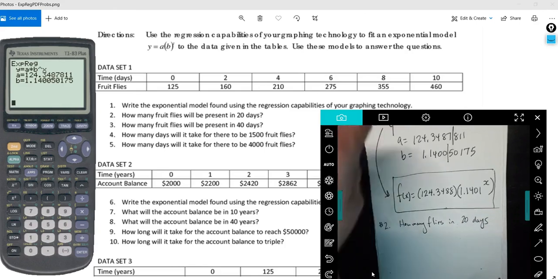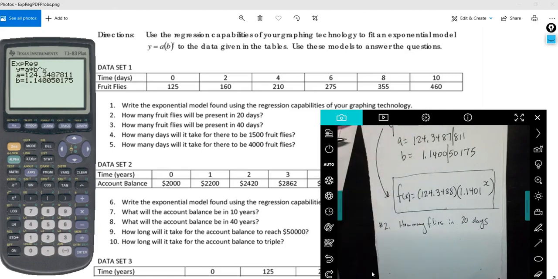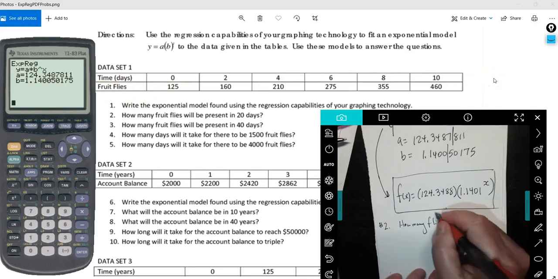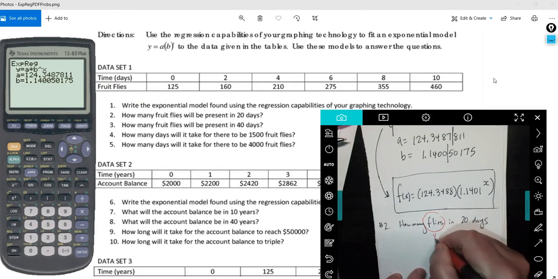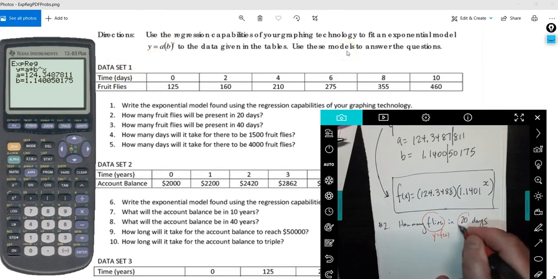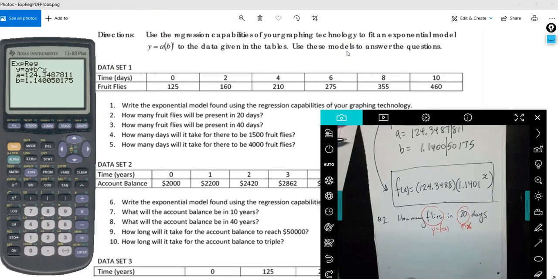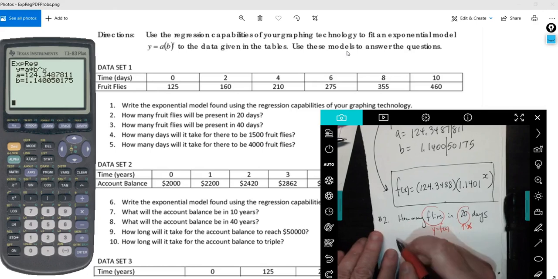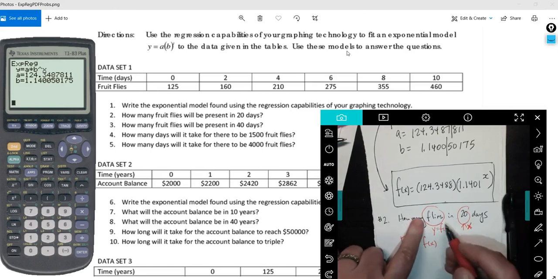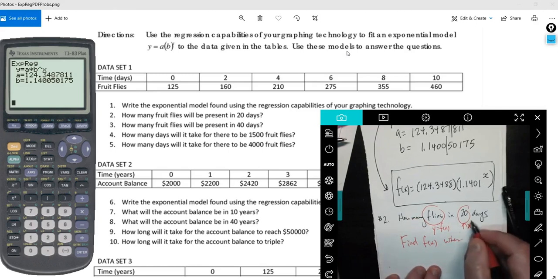Well, if we look at our data set, the flies are our y values, which is the same thing as f of x, and the days are our x values. So I've been given x. So we want to find f of x, find the number of flies, when x is equal to 20.